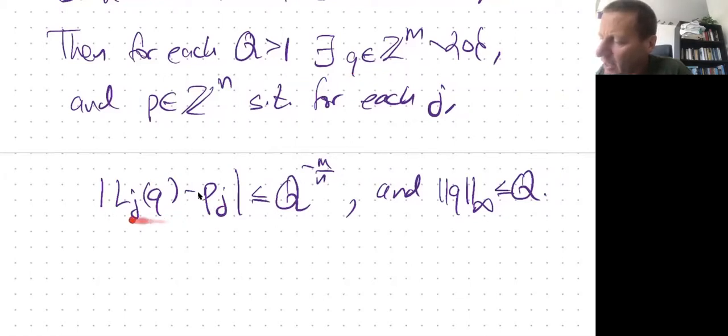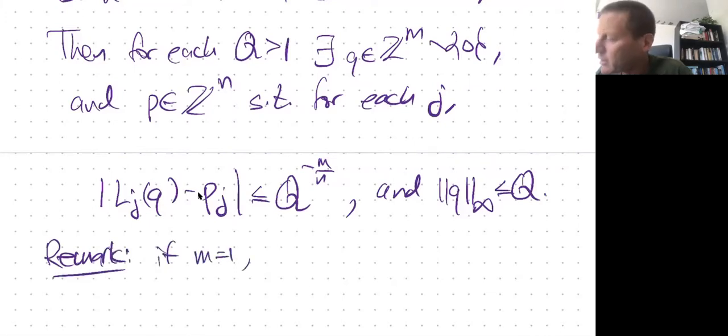And the first statement says that when you evaluate the linear form on this integer input, you get something which is almost an integer output, the integer output p_j up to this order. So this is a generalization of the previous one. If you take m to be 1 and n to be d, you get the previous theorem.